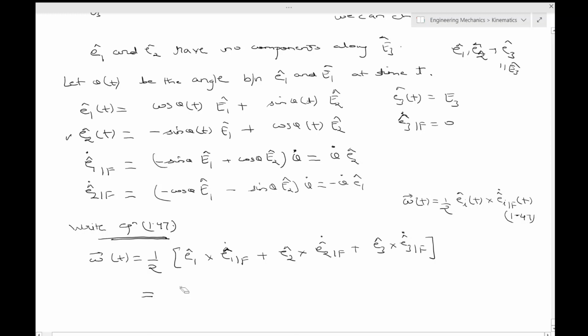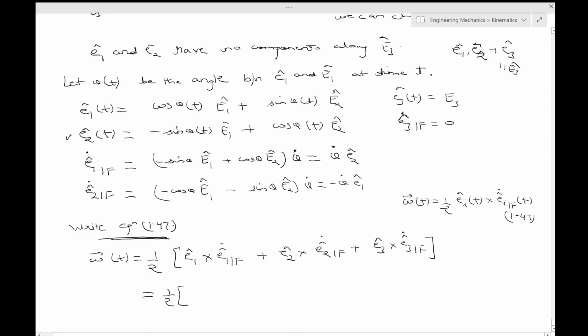Half. So E1 you want to write, so let me just look, it needs to be better written. Okay, so now you have E1 cross E1 dot, you have E2 cross E2 dot, and you have E3 cross E3 dot.